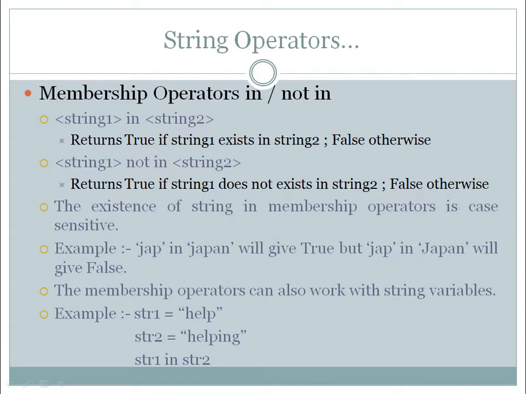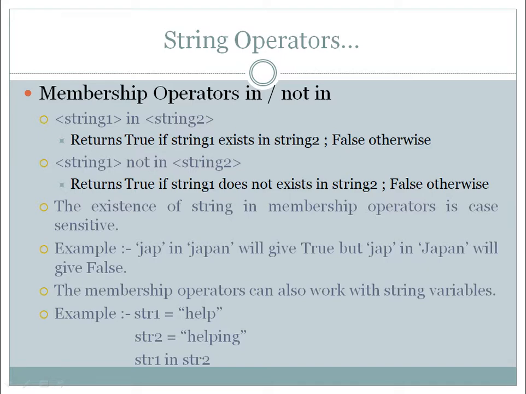It can be True or False. So this in operator will return True if string1 exists in string2, otherwise it will return False. Similarly, not in is the reverse of in. It will return True if string1 does not exist in string2, otherwise False.